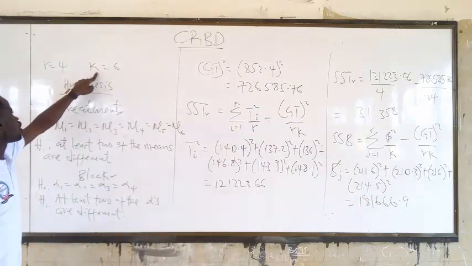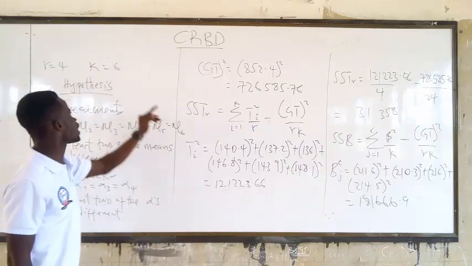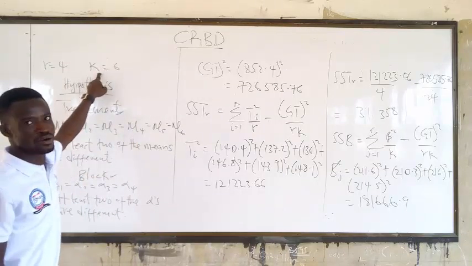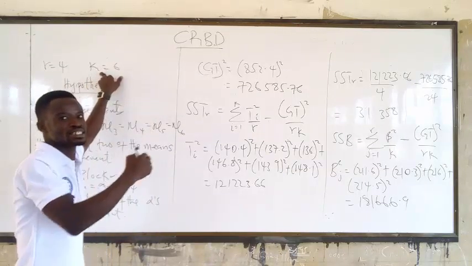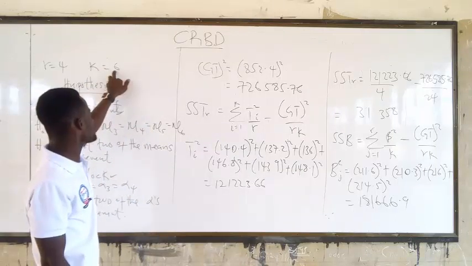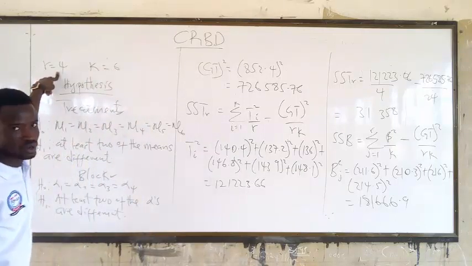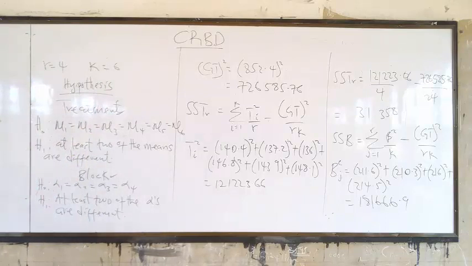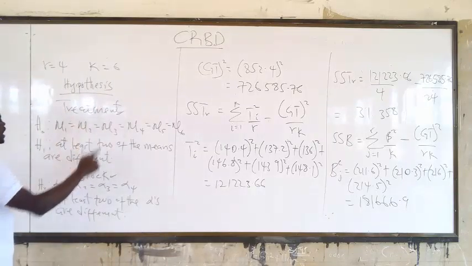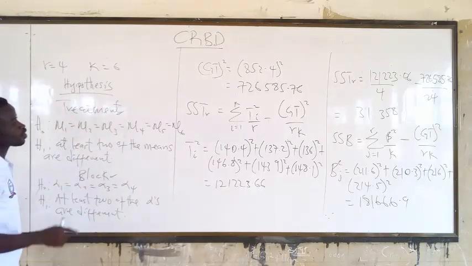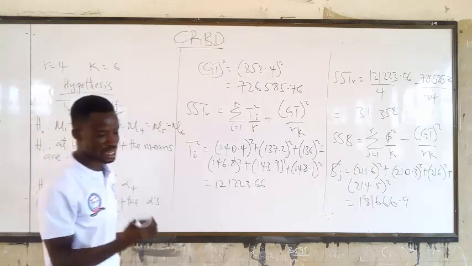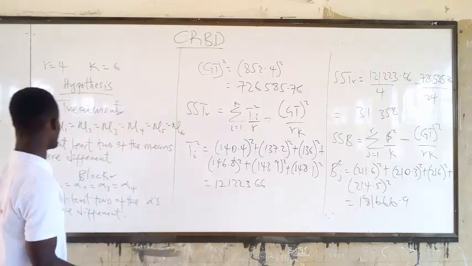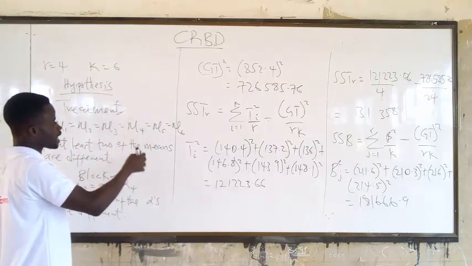So the row is now going to be our K. The one which is representing the A, B, C, D up to F is the K, which is 6. And the other one is what? 4. Alright, so looking at the treatment, that means that the treatment is 6. So we are going to get mu1, mu2, mu3 up to mu6.